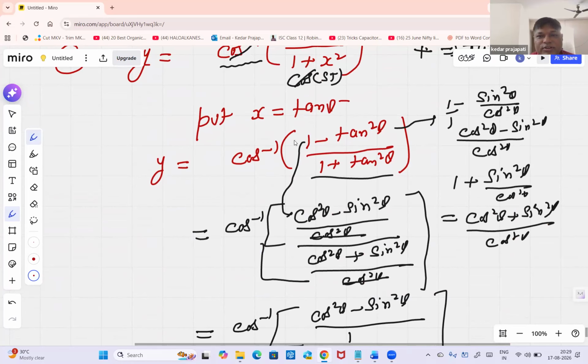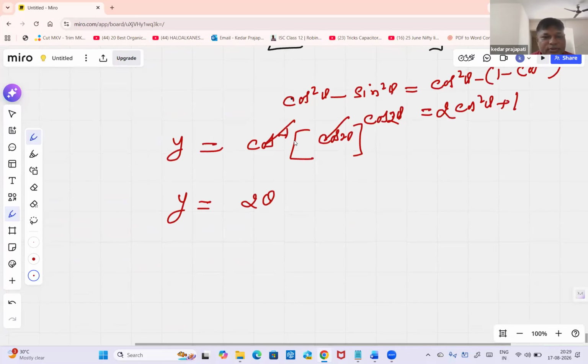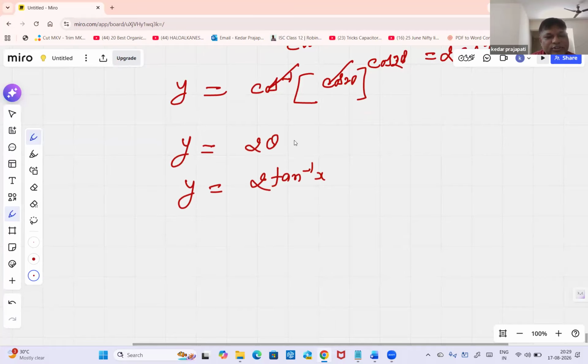So from here, you have to find theta will be tan inverse x. So put the value of theta here. This is y equal to 2 into tan inverse x. Now differentiate with respect to x.